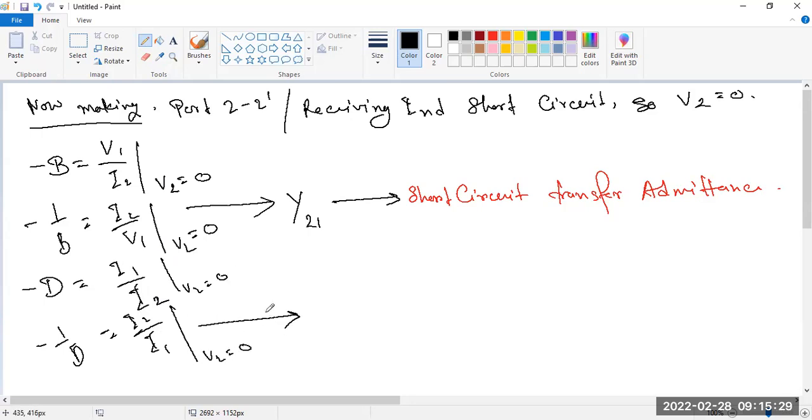So this also has a specific name. This is alpha 21 when V2 equal to 0. This is called short circuit current gain, but it has no dimension. Look, this is ampere by ampere, so it has no dimension. So it is also called dimensionless short circuit current gain, or simply short circuit current gain.